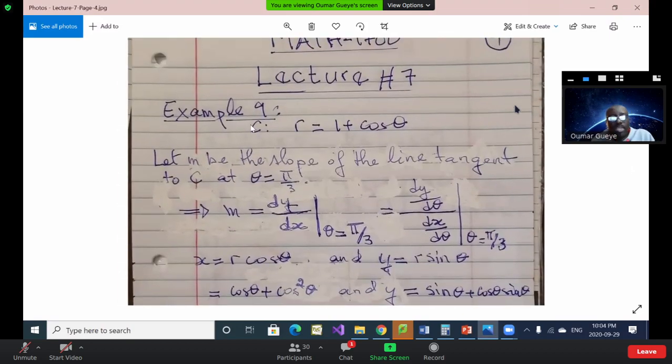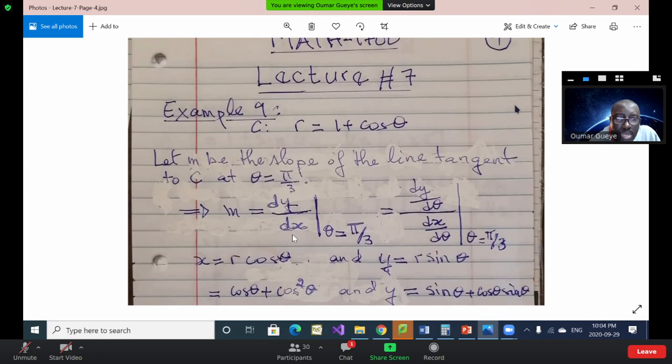All right, so again, we have C defined by r equal to 1 plus cosine of theta. And as I said, we just want to get the slope of the line tangent to this curve C when theta equal to pi over 3. To calculate the slope m, it's going to be dy over dx at theta equal to pi over 3.